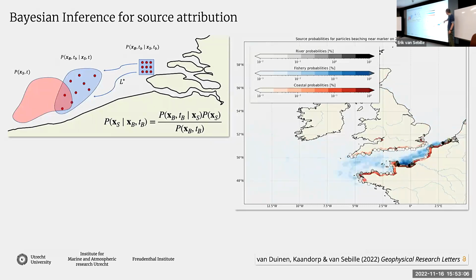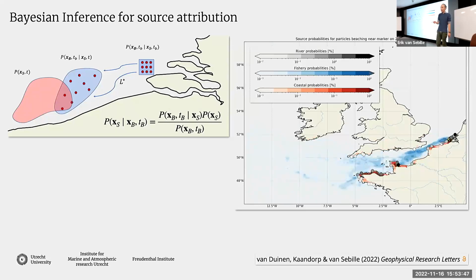And from this yellow cross here, he was able to calculate backward in time the probability, if you find a piece of plastic at a certain date over here, that it came from any of the coastlines in red, any of the rivers as these circles, or any of the known fisheries grounds, where we knew from data sets where fishing is happening at any time in the ocean. And you see that well. So most of the time it came from somewhere here on the east coast of the UK, but sometimes also almost from the North Sea and everything, right? So you can really now, if you find a piece of plastic, start to point, okay, this is where it came from.